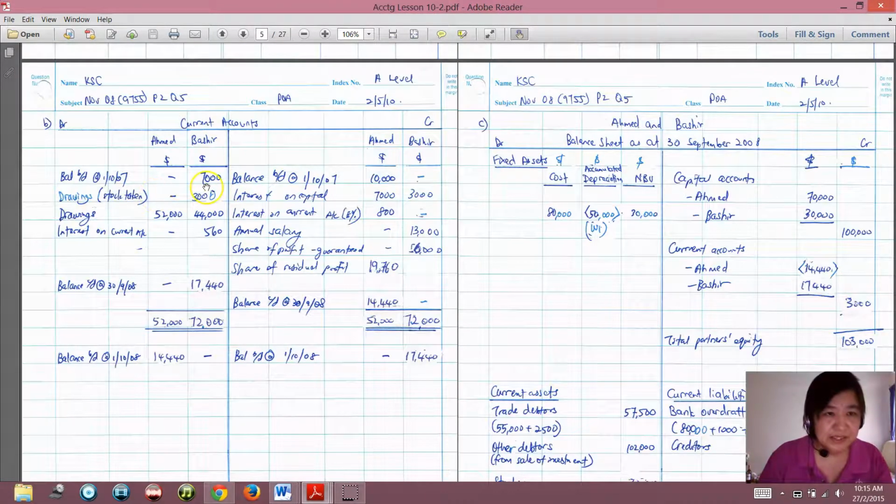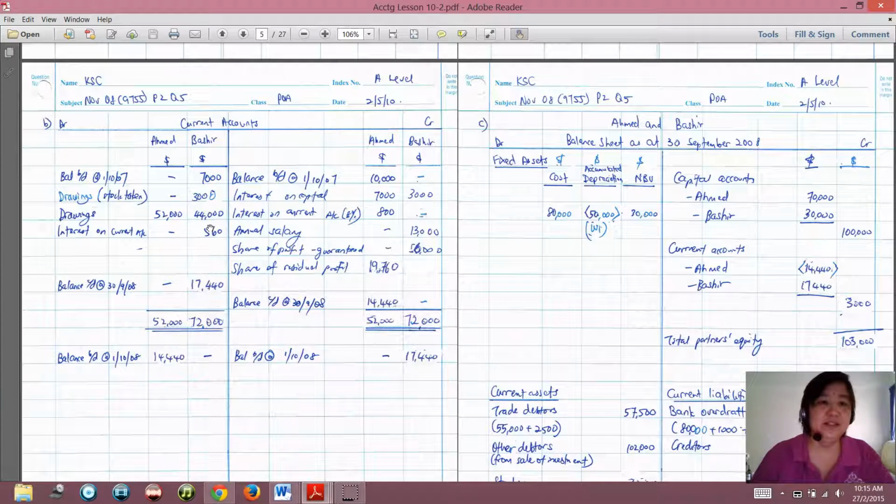Then the balance brought down for Bashir will be 7,000. Just take from the question. Then drawings is 52,000. In the question, the drawings is on the debit column, so put it in the debit column like this.